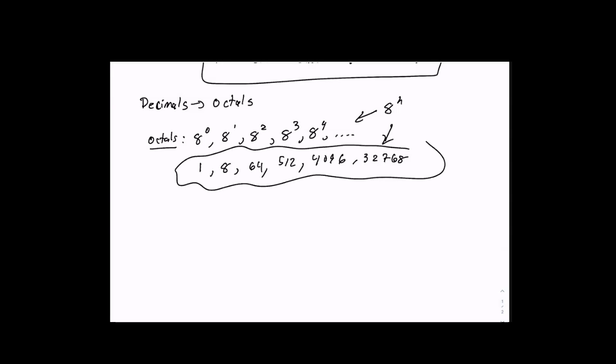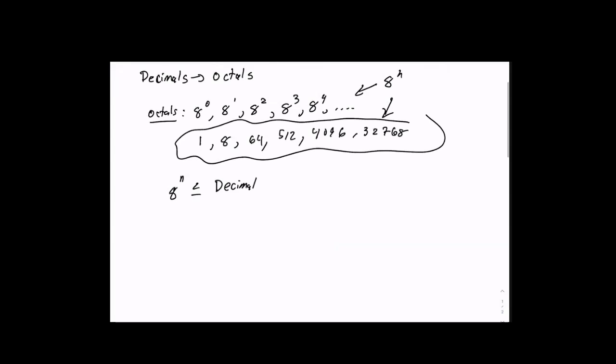The trick here is you want to find a number 8 to the n that is less than or equal to your decimal number, and this will be the start of your octal. All right. This one requires a little bit more work, because we're not just turning the switches on and off.